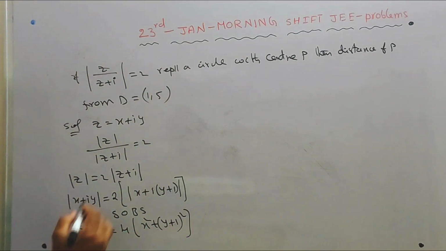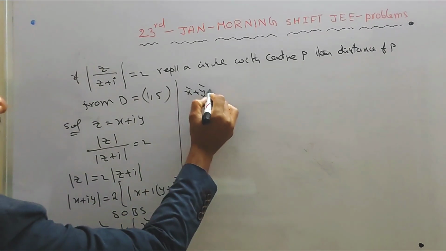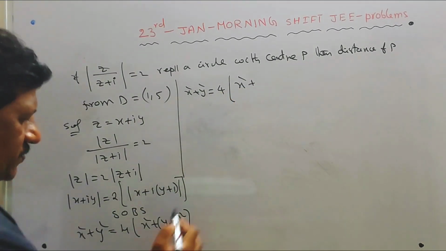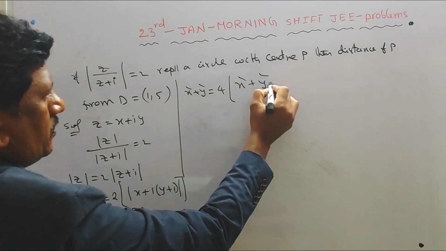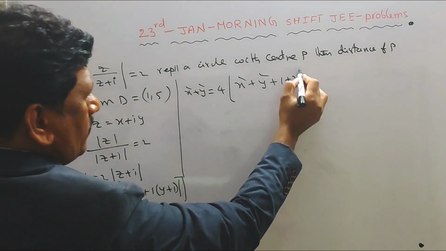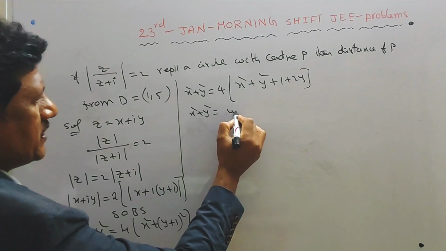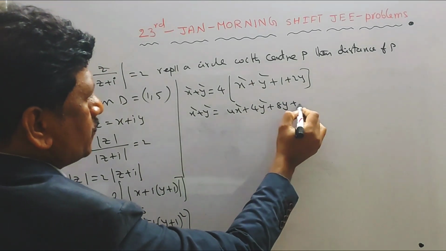Okay, expand this one so that you will get x square plus y square is equal to 4 times x square plus expand this one, which is in the form of a plus b whole square, y square plus 1 plus 2y. Okay, right? Then x square plus y square, multiply 4 inside, 4x square plus 4y square plus 8y plus 4.